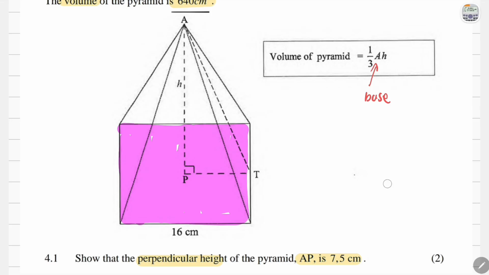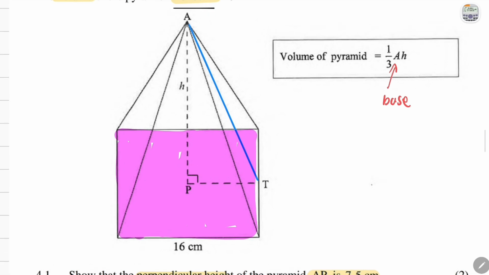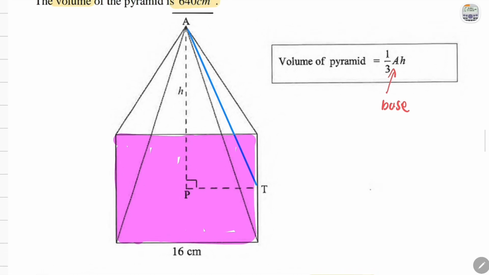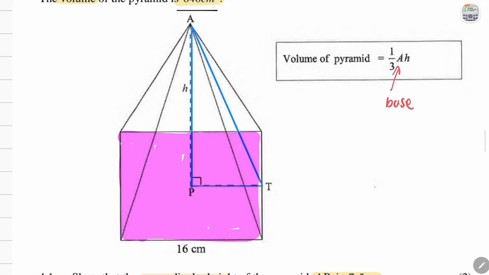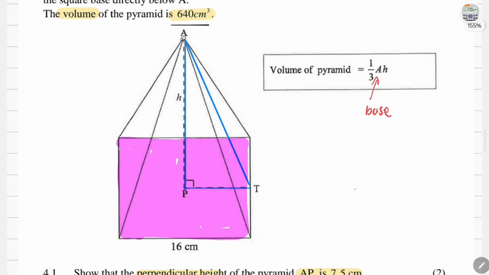And it seems like they have made some constructions here to actually assist us with finding that. Do you see that AT, that is the slanted height we are trying to find. We need to find AT, and to find AT, we can just use this right angle triangle that has been created here. You see how we have this triangle, we have AP, and look at PT. We actually have PT, because this is drawn from the highest point of the triangle and then down to here.